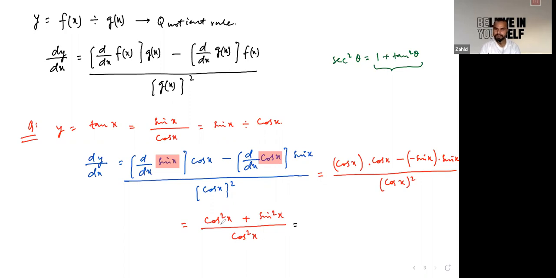Sin squared x plus cos squared x gives you 1 divided by cos squared x, and 1 over cos would give you sec squared of x.